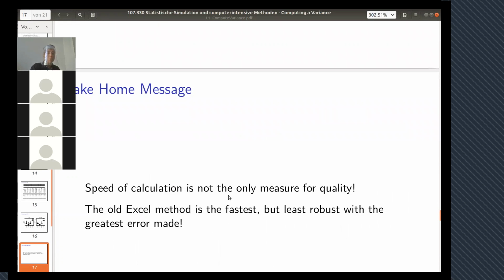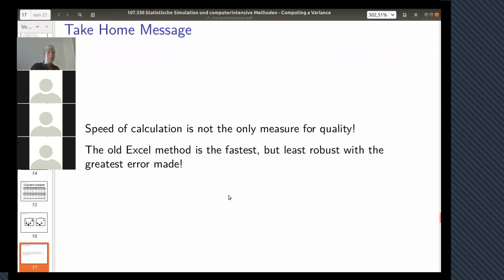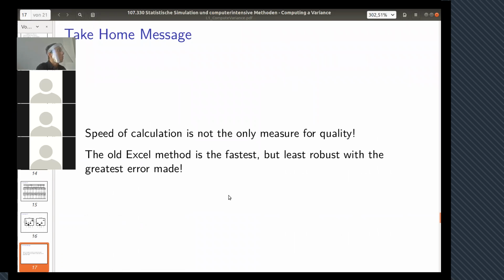So what you should take home, what is sometimes forgotten in machine learning, is that speed is not everything. You would do well in implementing two different versions of getting you somewhere, comparing not only the computation times, but also the quality of our results and trying to get some kind of gold standard to compare against.